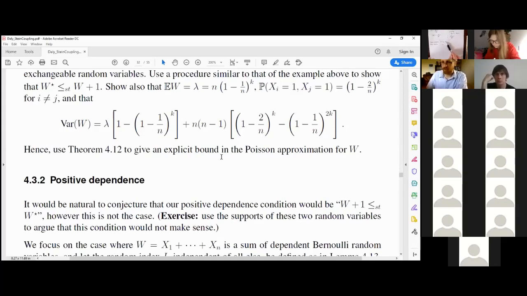W plus 1, annoyingly, can be as big as n plus 1, which means that this w plus 1 has got some mass strictly to the right of n, which w star doesn't have, and so that stochastic ordering can never hold. It can hold if my support's infinite, right?